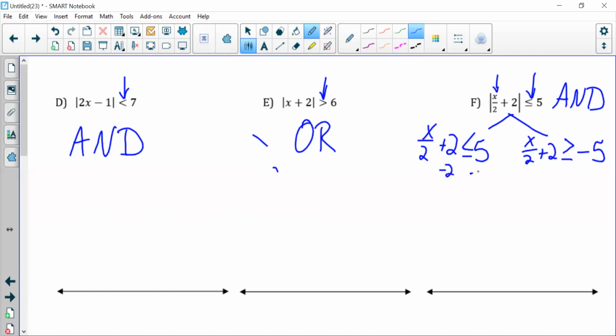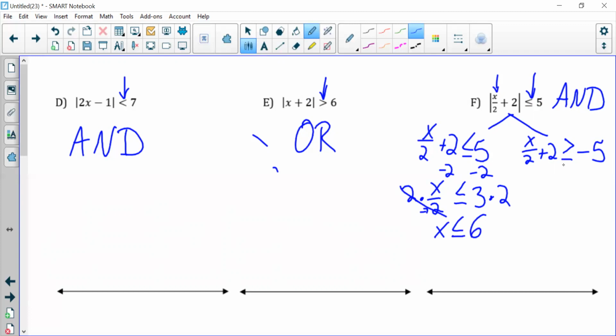I'm going to subtract 2 from both sides, so I get x over 2 is less than or equal to 3. And then this 2 right here is being divided. So how do I get rid of something that's being divided? I multiply. So I'm going to multiply by 2. That cancels out, leaving me with just x is less than or equal to 6.